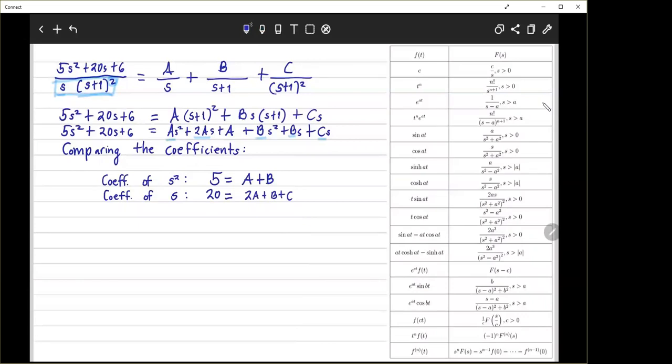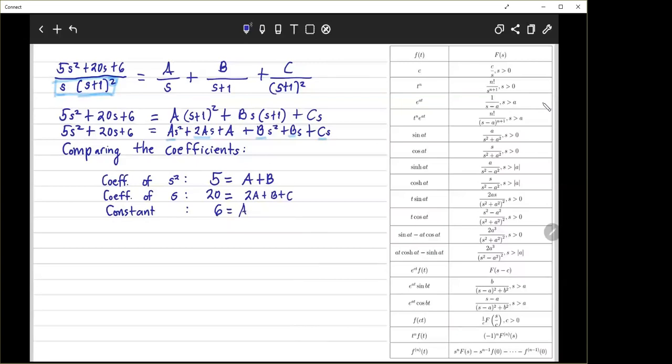And then finally, the constant term, which is technically the coefficient of s raised to 0. So constant term. On the left side, the constant term is 6. And on the right side, the only constant term is a.